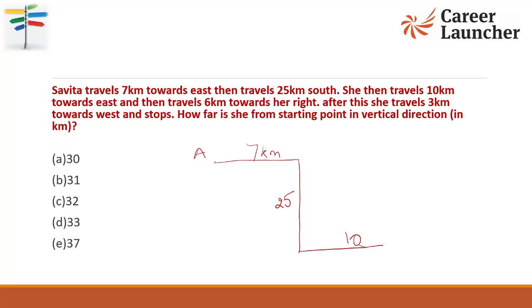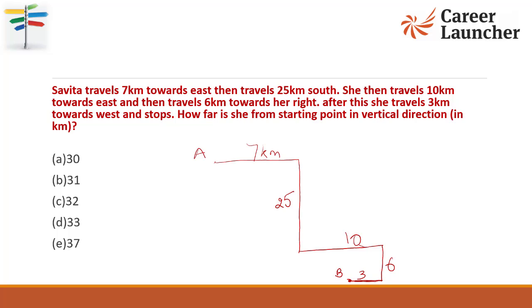Then she travels 6 kilometers towards her right. Now she is traveling towards east, so her right should go down. After this, she travels 3 kilometers towards west and stops. So she again comes back towards west and stops. So this is the end point.